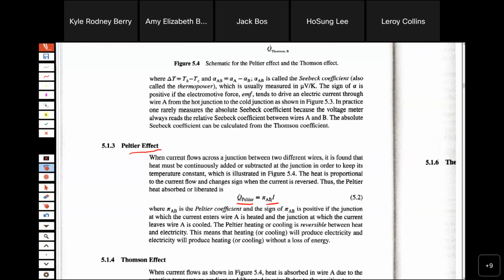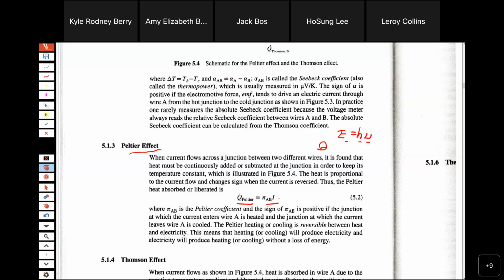The current flow and the heat flow means actually the electron carries energy. I told you, electron is energy, frequency, energy. Electron is a particle, energy, according to Einstein. So that electron moving, current forms.